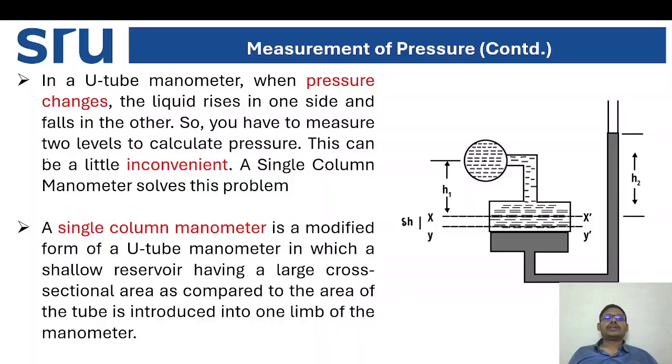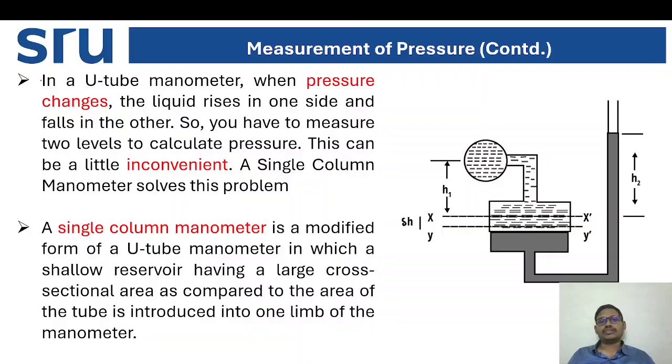In a U-tube manometer, when pressure changes, the liquid rises on one side and falls on the other side.